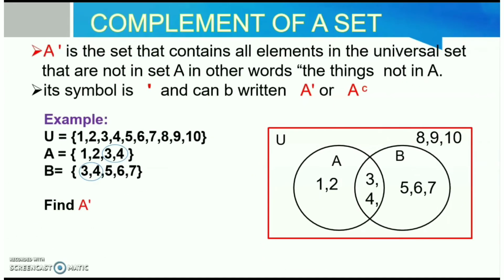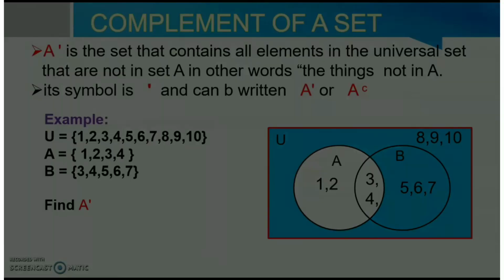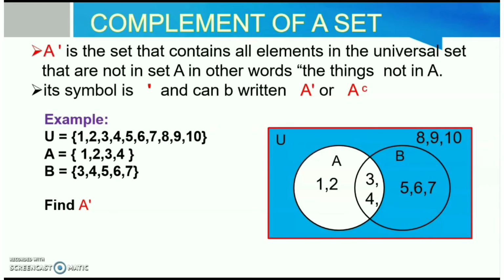Okay, now let's find A complement. Again, ulitin natin. Ang A complement are all elements not in A. Okay, so ano ba yung mga elements na nasa A? Okay, i-shade natin yung region na hindi kasali yung A. So lahat ng elements that are not in A are shaded ng blue color.